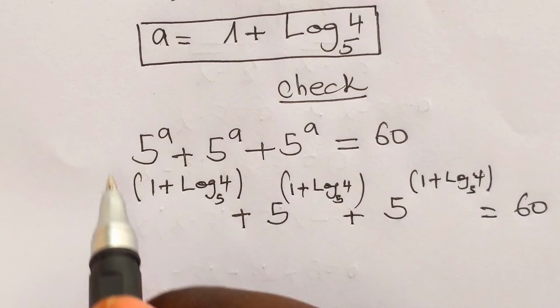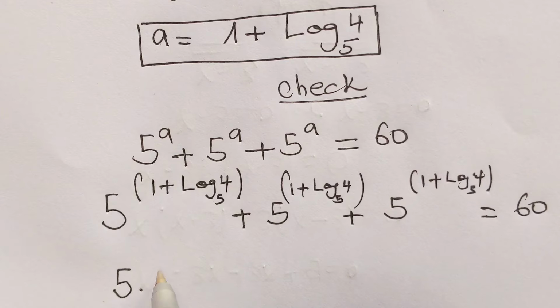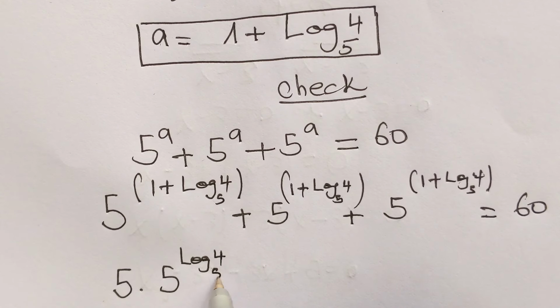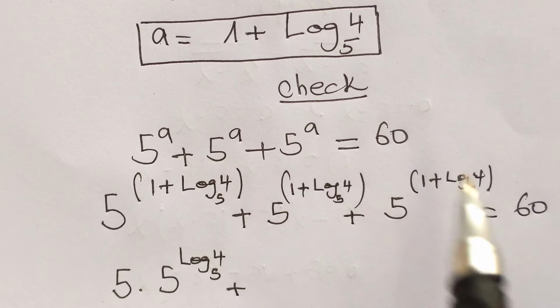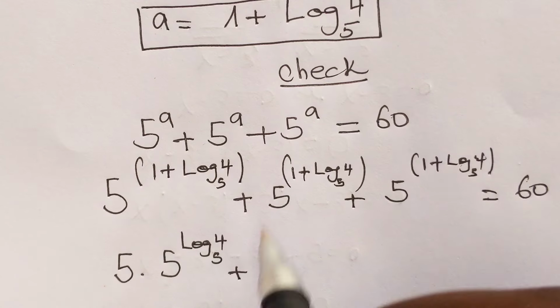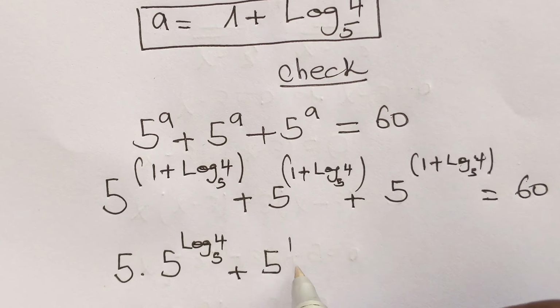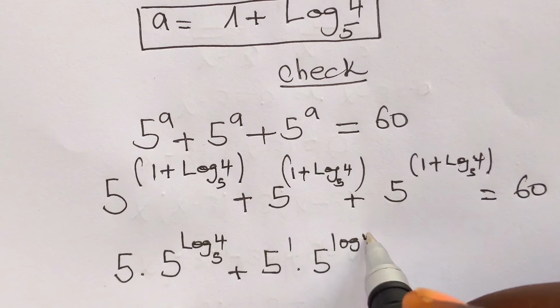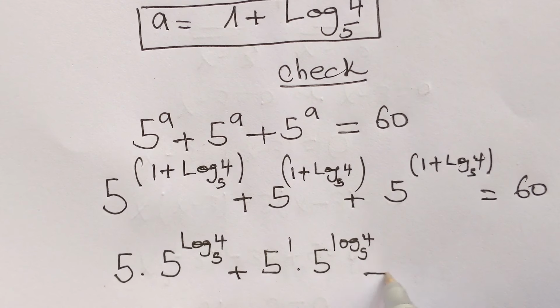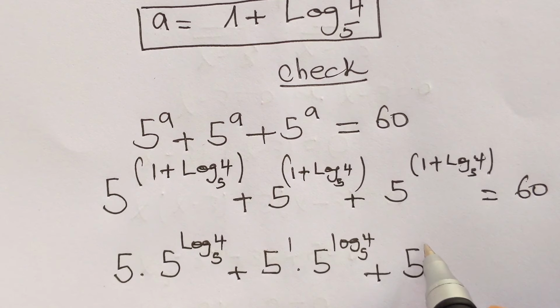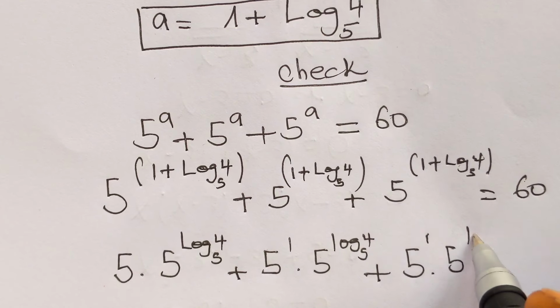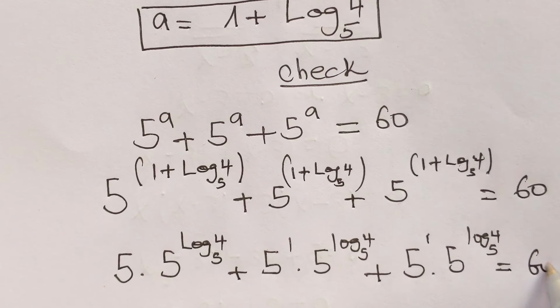And of course this is 5^1 times 5^(log_5 4) plus 5^1 times 5^(log_5 4) plus 5^1 times 5^(log_5 4), which equals 60.